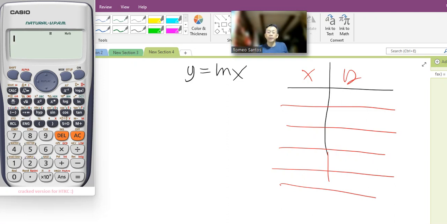There is another way of plotting y equals ln x. You use your calculator. You assign a value to x and you solve for y. That is all it is.